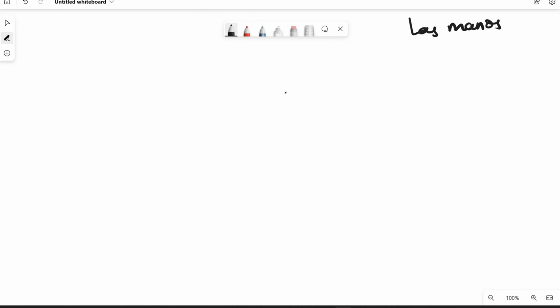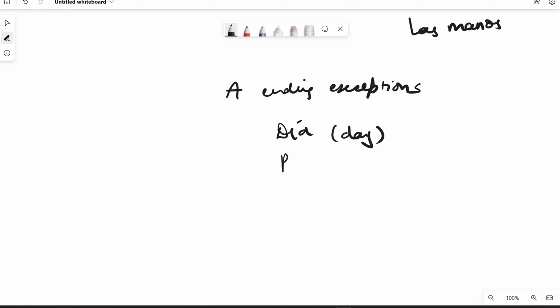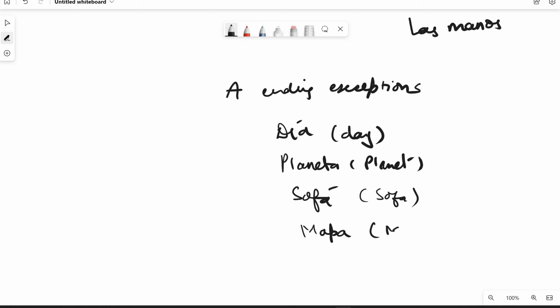Now let's move to A ending exceptions. Now I told you most of the nouns that end in A are feminine, but there are some exceptions here as well. Your exceptions are día, which is a day, planeta, which means a planet, sofá, which means obviously a sofa or a couch, mapa, which is map, and agua, which is water.